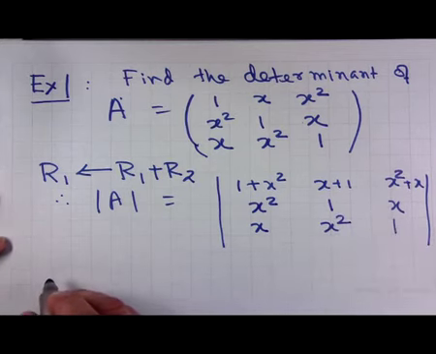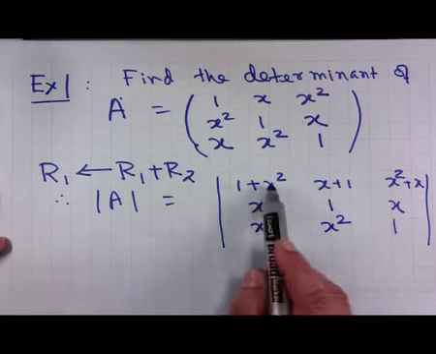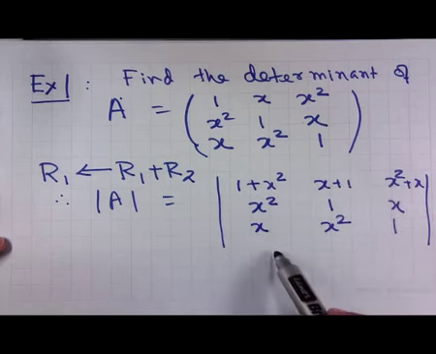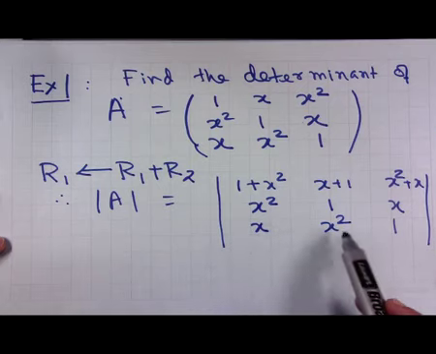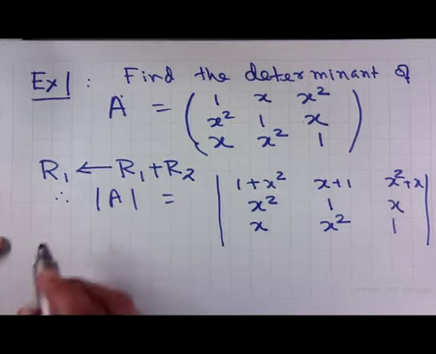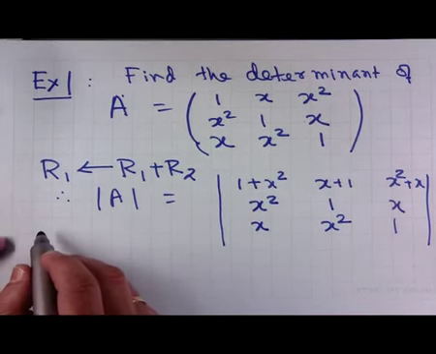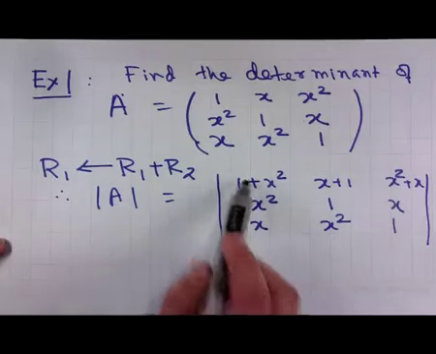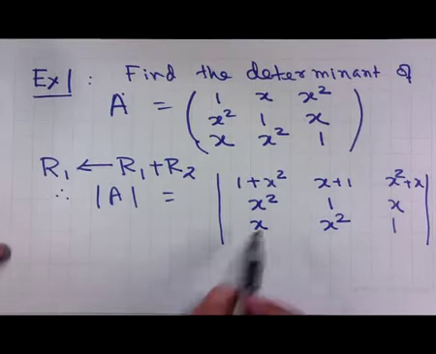Now, I can see that we have 1 plus x square, 1 plus x, x square plus x in the first row. But in the third row we have x square and we have 1. So, what happens if I replace the first row as the sum of first row and third row?